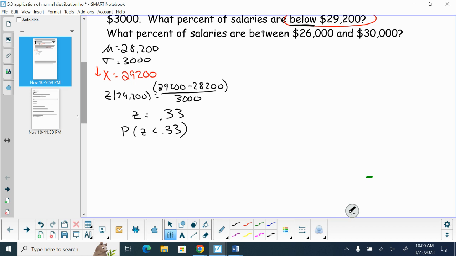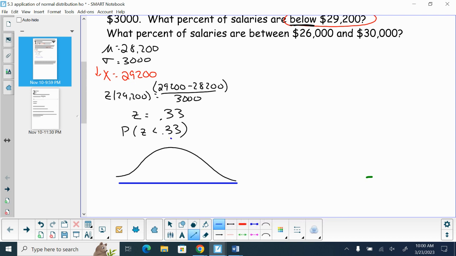So to convert it back into what we were talking about yesterday, we're looking for the probability that our Z value is below 0.33. Now we're into a problem that we did yesterday. Draw your bell-shaped curve. Put your 0 in there, put your 0.33 in there.